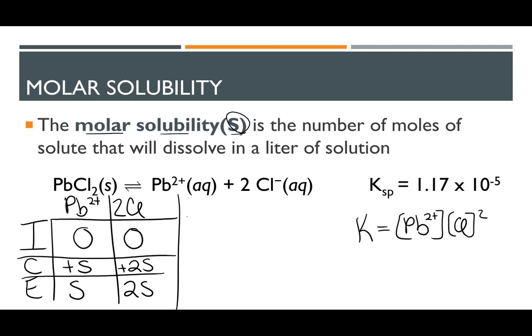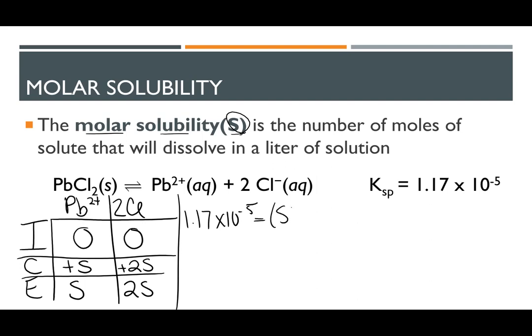So then we're going to plug this into our K. So 1.17 times 10 to the negative 5th equals S times 2S squared. So let me clean up the right-hand side of this equation. So 2S squared is going to be 4S squared.